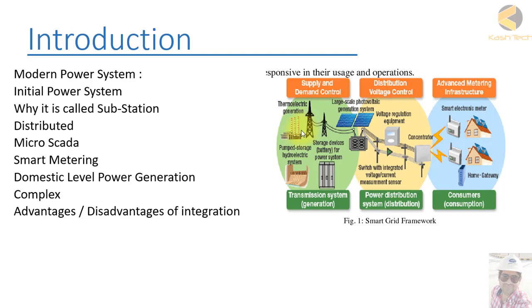AC generation usually happens at low voltages, and then it is converted from several kVs to 132 kV, 220 kV, or 500 kV, where step-up transformers are connected.